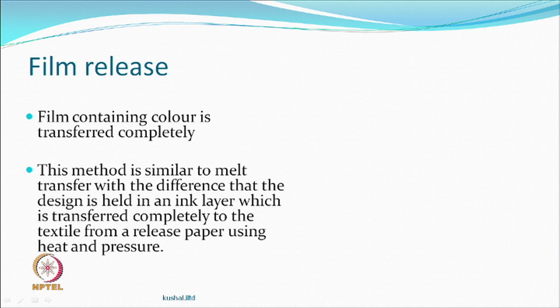The difference is that here the film gets completely released from a release paper by heat or pressure. Okay. So, nothing is left on the paper. In the other case, it could be a colored film which gets melted and then gets transferred. So, that is a little difference, which is an interesting difference.